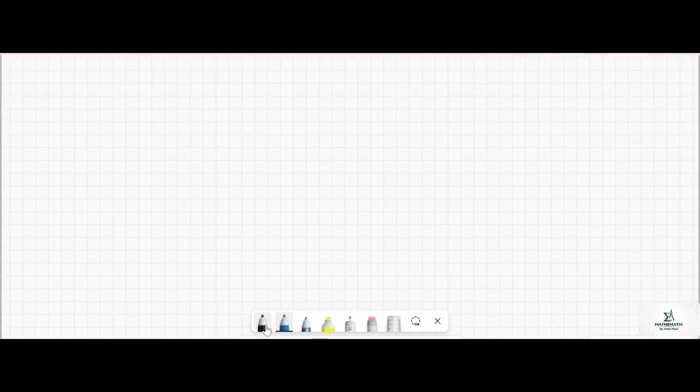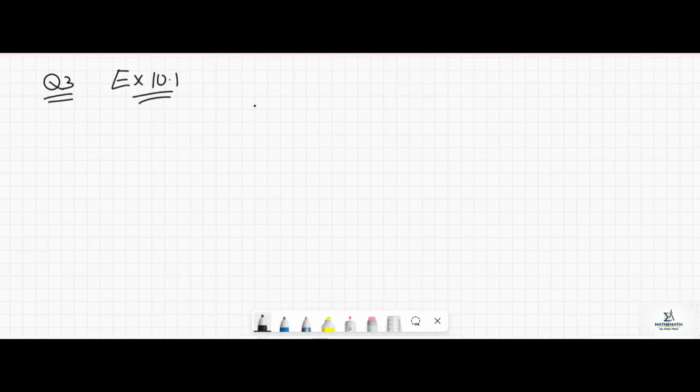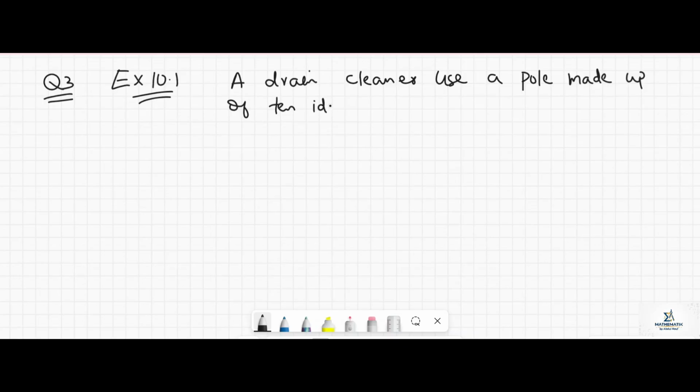So we have a question number 3. Now, same exercise. This is exercise number 10.1. But the question is different. We have a drain cleaner that uses a pole made up of 10 identical flexible pieces.